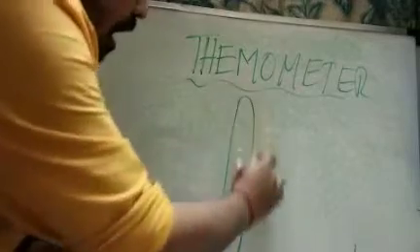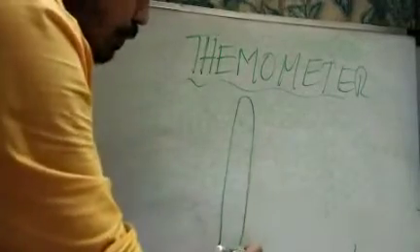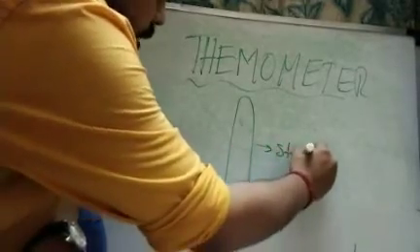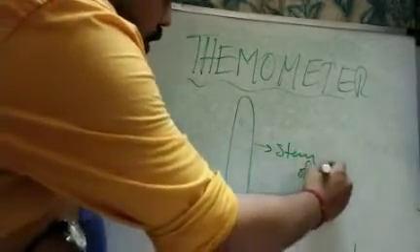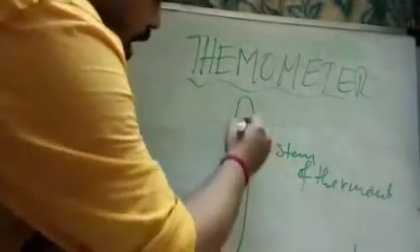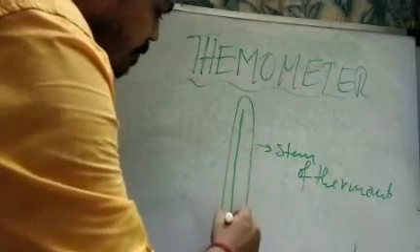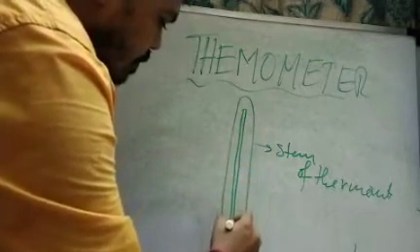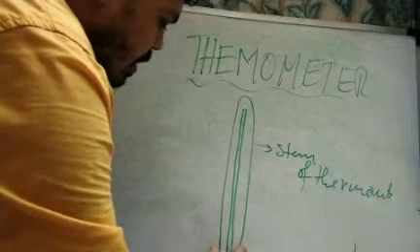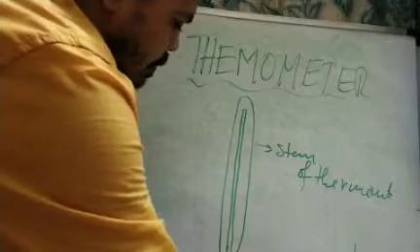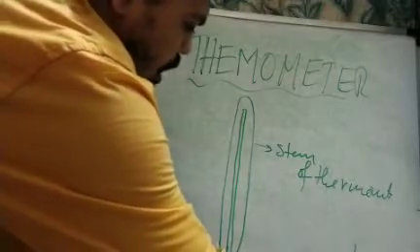There is a glass tube which is popularly known as the stem of thermometer, and inside a very narrow tube is there which is connected to the bulb of thermometer.